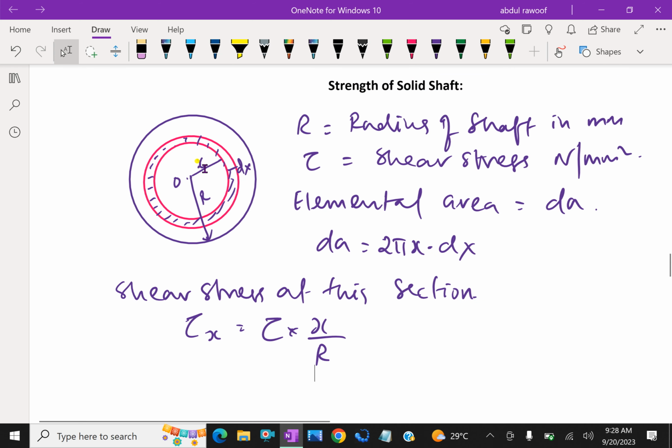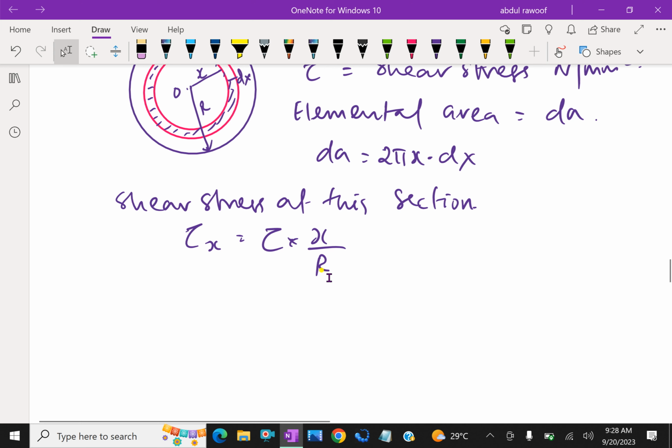That ratio, x by r into tau, is the shear stress at this section, where tau is the maximum shear stress and tau x is the shear stress at the section x distance from the origin.